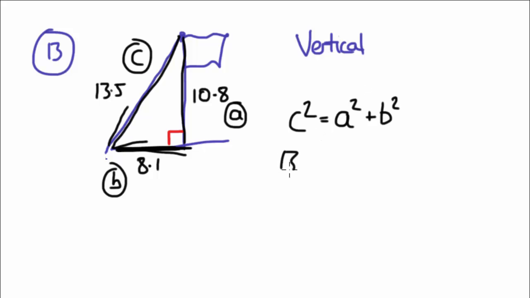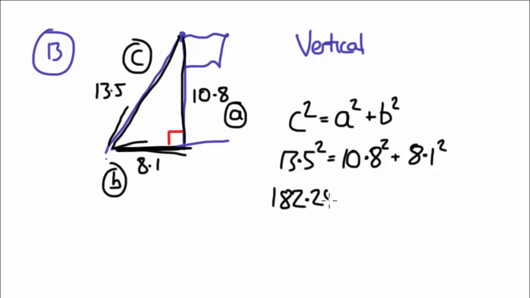So bear in mind, we've got 13.5 squared. That should be the exact same value as if you square 10.8 and add 8.1 squared to it. So you get your calculator and type in 13.5 and square it, and what you've got is 182.25.